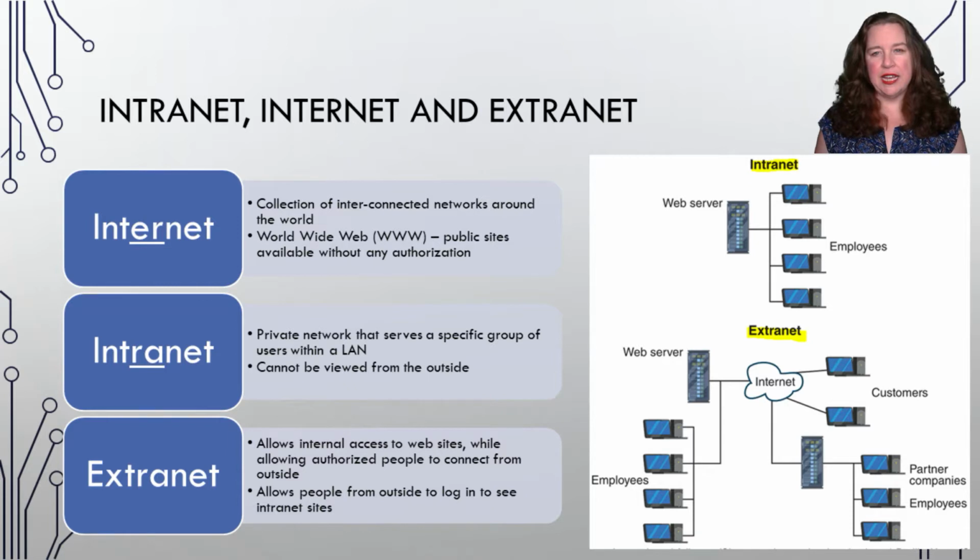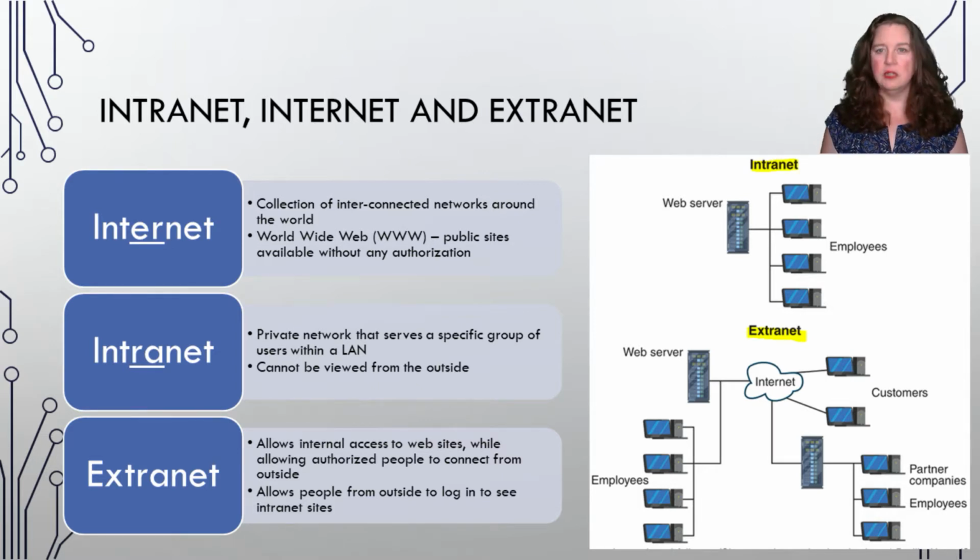An extranet allows access to these internal websites by allowing you to log in from the outside. So rather than just going to Google and getting the main page there, if I wanted to get into the intranet of Google, I could go through an extranet website from the outside and be able to log in, authorizing. Extranets allow people outside to log into those intranet sites.